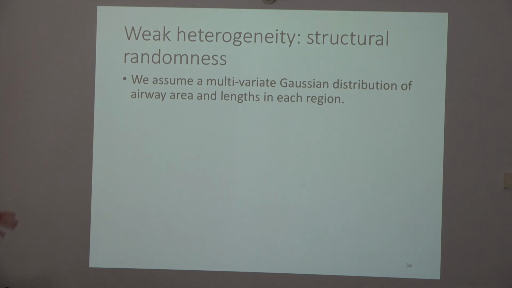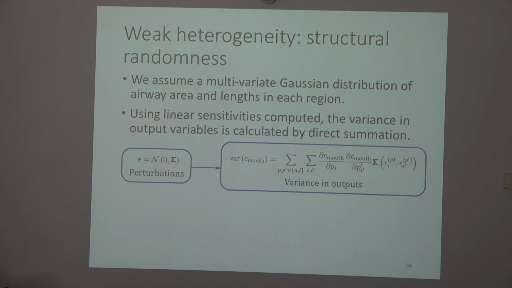But the idea is if you have a linear response for each airway, then you can say, well, what happens if I have now some randomly distributed perturbations everywhere? Instead of having to build the full model and simulate, you can do some pen and paper maths, basically, and say, right, I have a normal distribution with, say, 0 mean, because I've simulated the mean case, and some covariance matrix describing how all these perturbations are distributed.